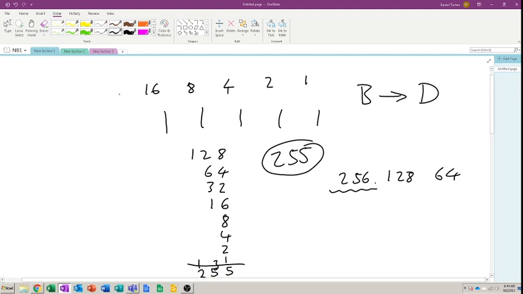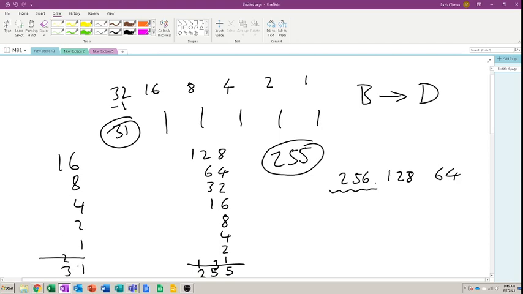Well, what's the next column along? It's 32, take away 1, therefore the maximum number you can write in 5 columns is the number 31. How can I prove that? 16 plus 8 plus 4 plus 2 plus 1 is 31. Okay, that's a bit of a side point, but it is very interesting.